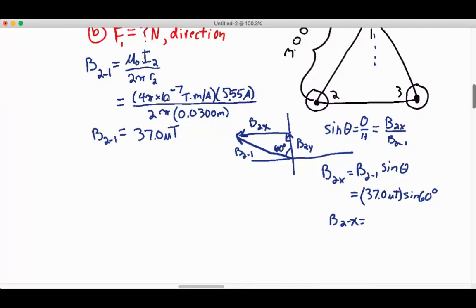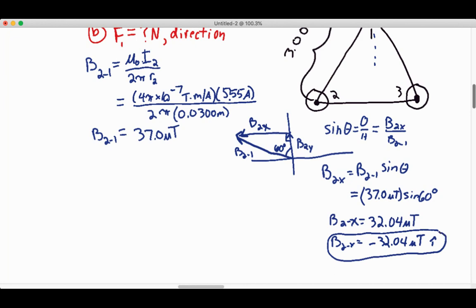Plug that in the calculator and you get 32.04, so I'm keeping an extra sig fig there, microtesla. And if we look at that, that is going in the negative direction. So really what that is, minus 32.04 microtesla i hat. So that's part of what we need.